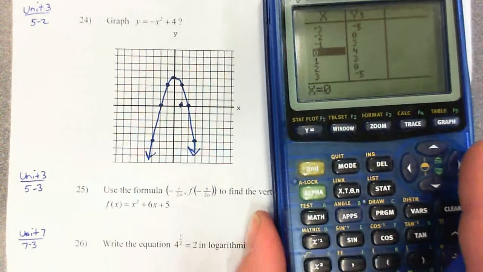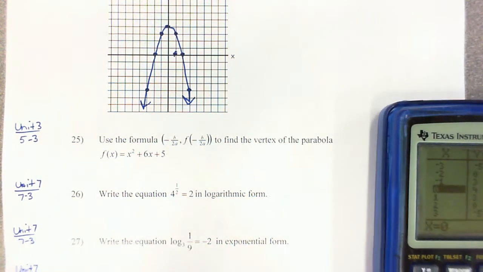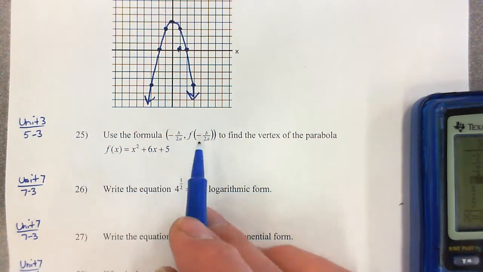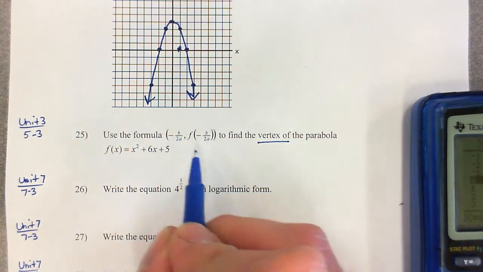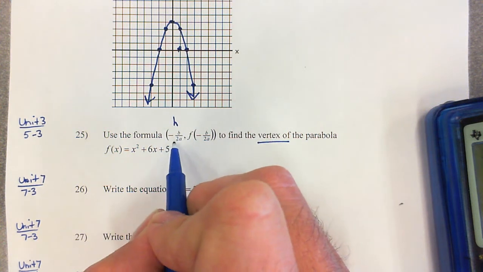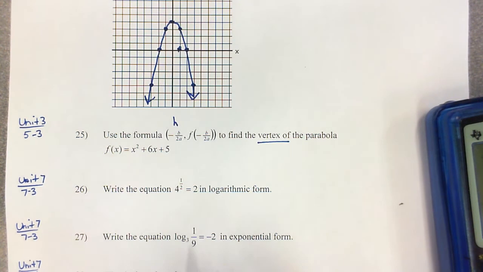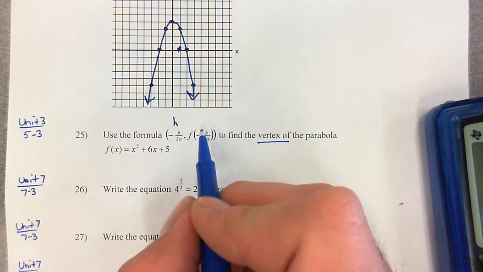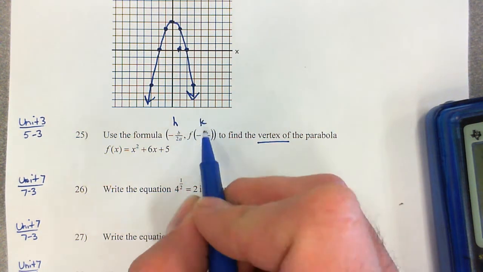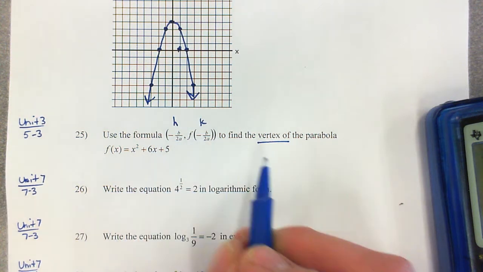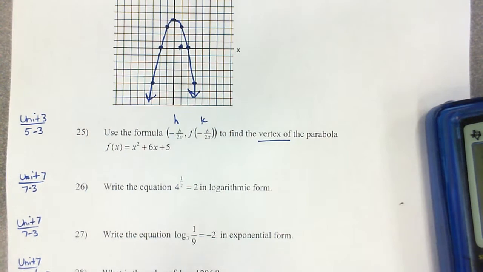Okay? The last one for this particular unit, Unit 3, is number 25, and they want you to find the vertex. And remember that the h coordinate here was equal to the opposite of b over 2a. And then to find the k, you just plug it back into the function. So you would plug whatever you get for this back in for x, and you'll find the k.